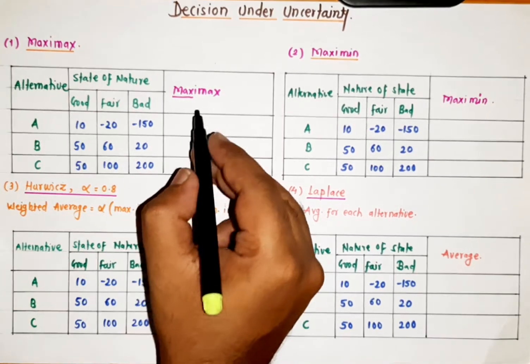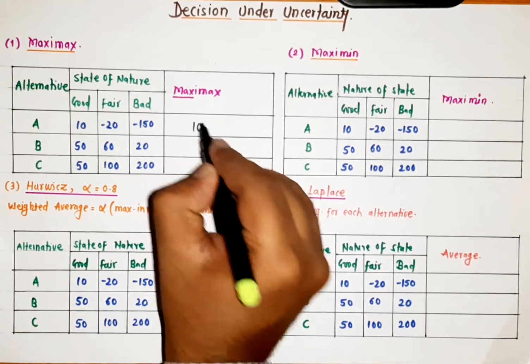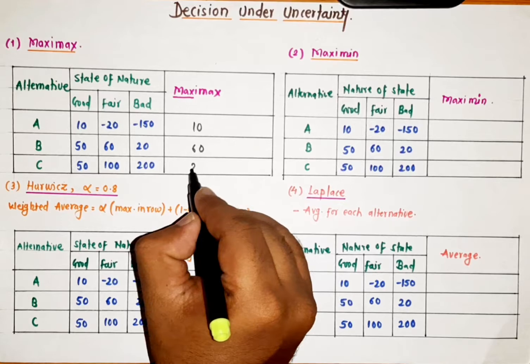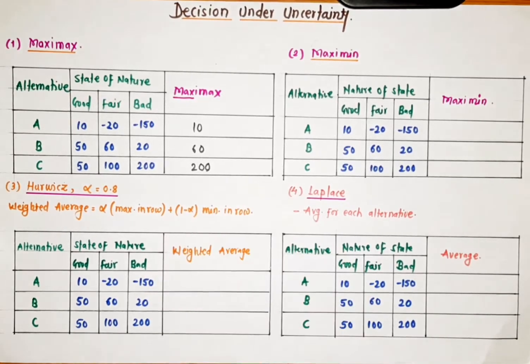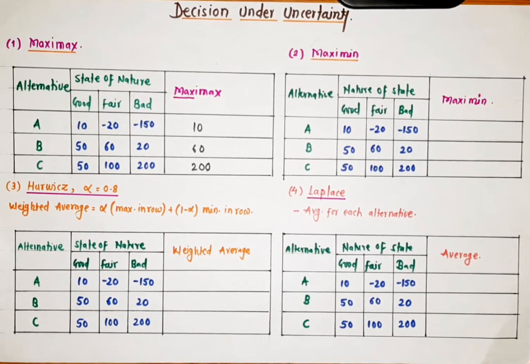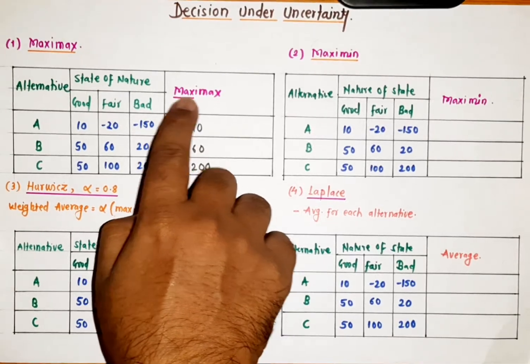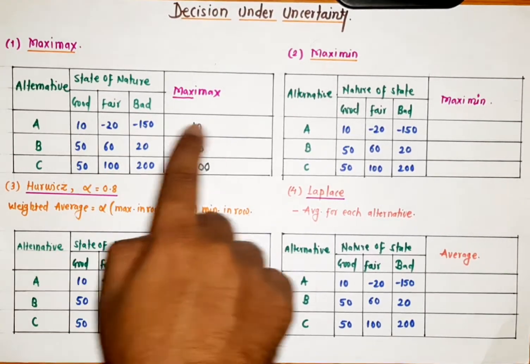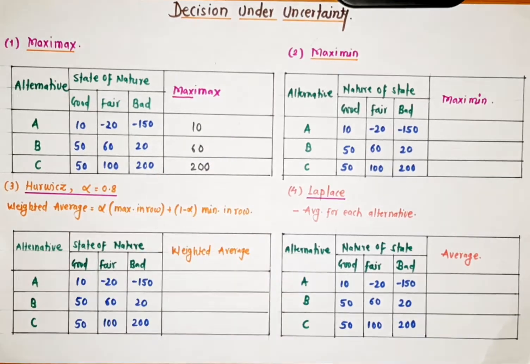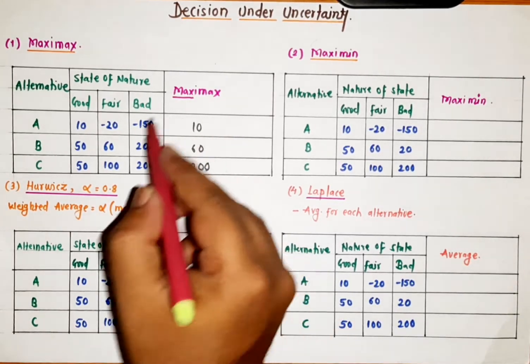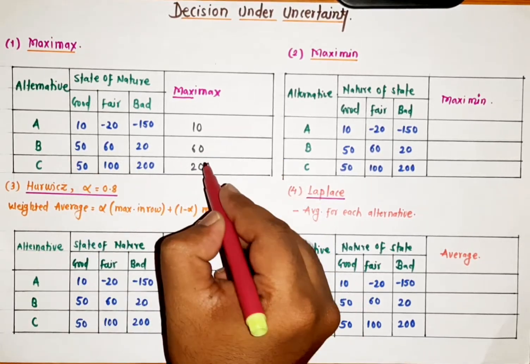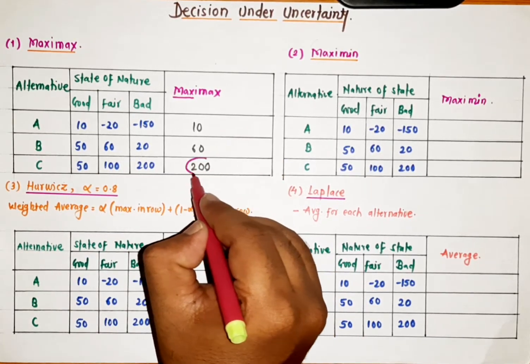Here the maximum value is 10, here 60, here 200. Next we need to calculate the maximum of the maximums. Maximax means the max value is maximum. That's why select the maximum value from the maximum values you calculated in each row. Therefore here the answer is C.